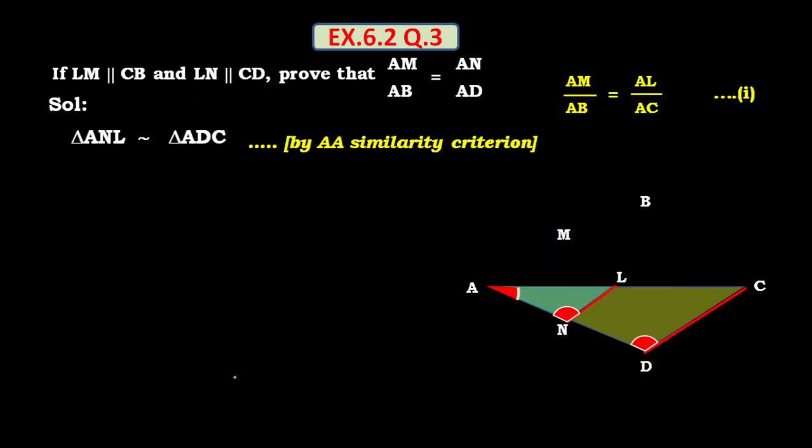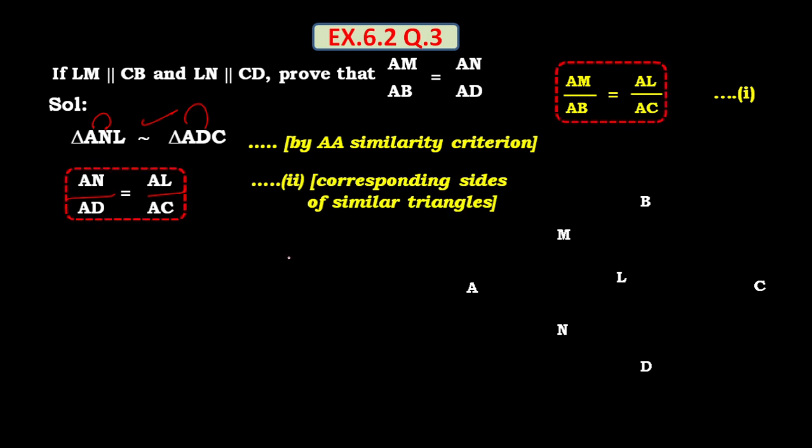And therefore, if they are similar, then their sides are proportional. AN divided by AD is equal to AL divided by AC. Corresponding sides of similar triangles are equal, or in proportion we can say.